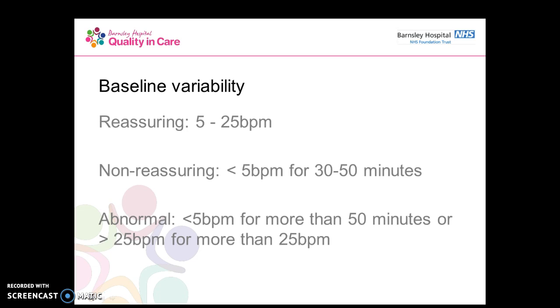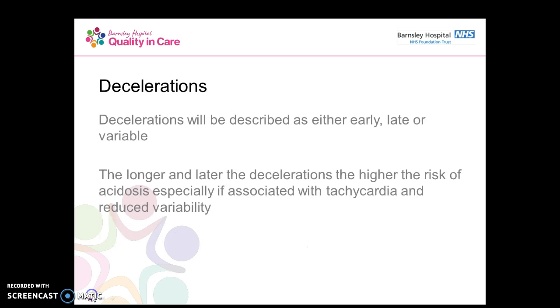A non-reassuring one is where it is reduced to less than 5 beats per minute for a period between 30 and 50 minutes. And an abnormal one is reduced to less than 5 beats per minute for more than 50 minutes, or greater than 25 beats per minute for more than 25 minutes. These are indications that baby is losing its ability to compensate for changes in its oxygen levels.